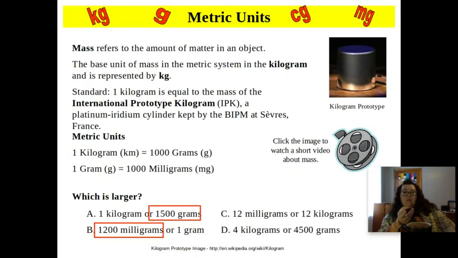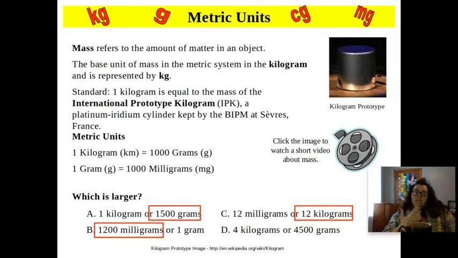So that's already 12,000 grams. So that's a whole lot of milligrams. So clearly the kilograms is larger in this case. And then the last one, 4 kilograms or 4,500 grams. Again, 1,000 grams are in a kilogram. So 4 kilograms equals 4,000 grams. So 4,500 grams is larger.